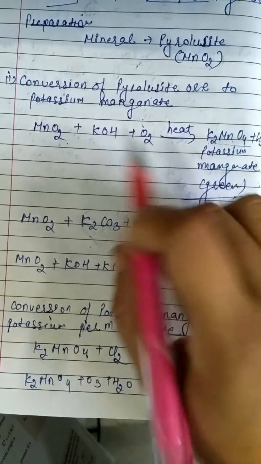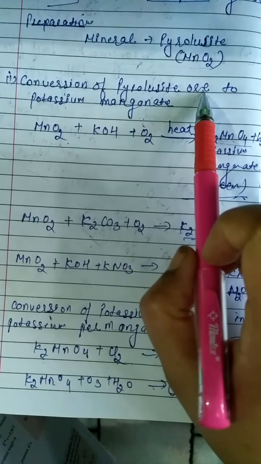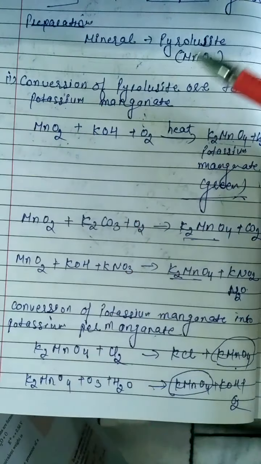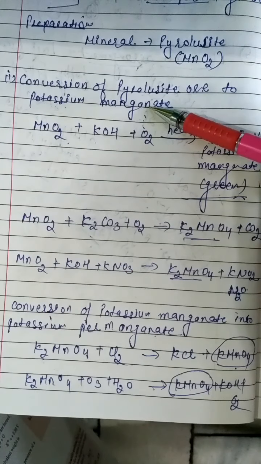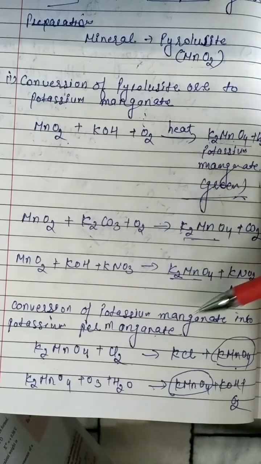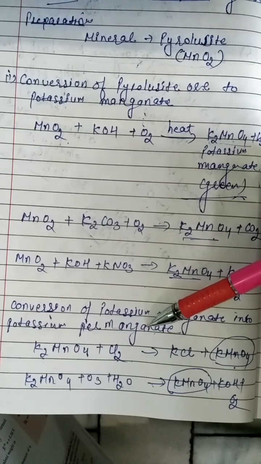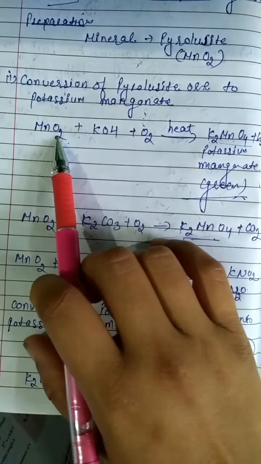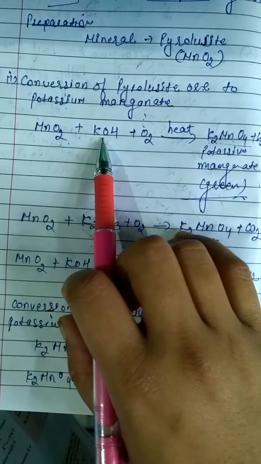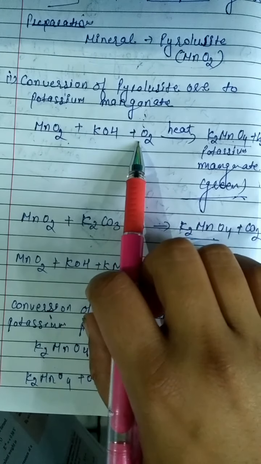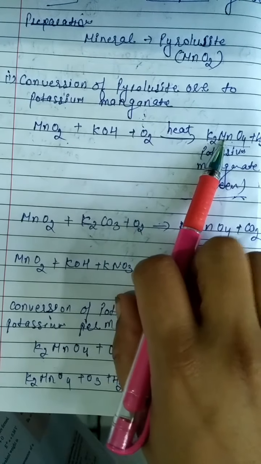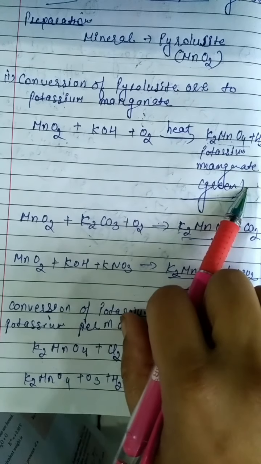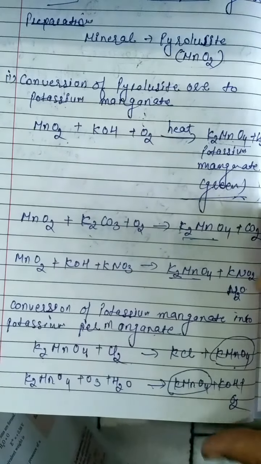The first step is the conversion of pyrolusite ore into potassium manganate. The next step is the conversion of potassium manganate into potassium permanganate. In the simple method, MnO2 and KOH, potassium hydroxide, react with oxygen in the presence of heat and convert into potassium manganate and water, which is of a green color.